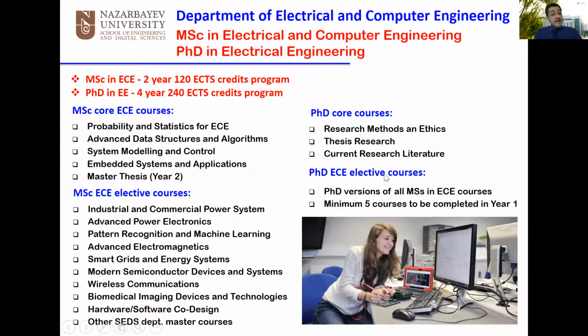But as elective courses, you are required to pass a minimum of 5 courses in year 1 for the PhD program. And after year 1, for our PhD students, there would be a qualification exam. The qualification exam is not a big deal.